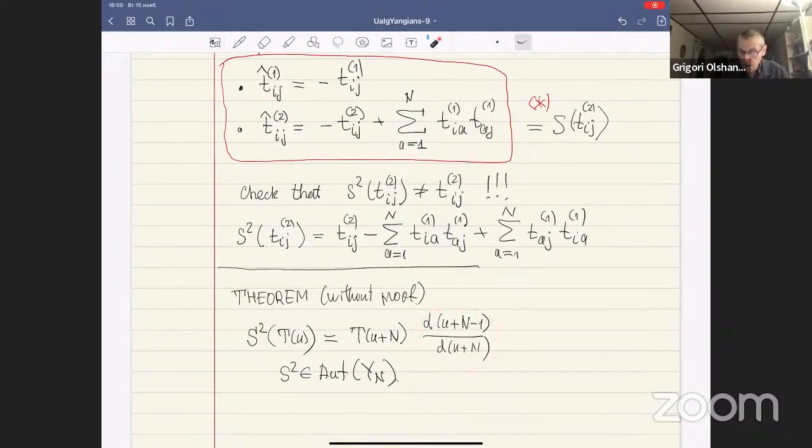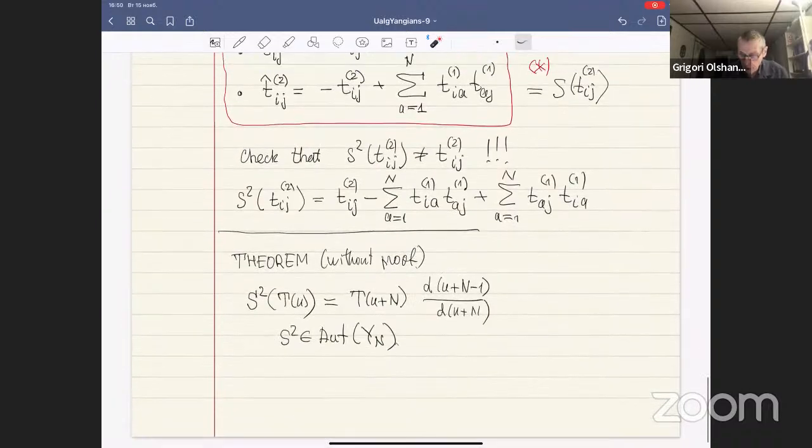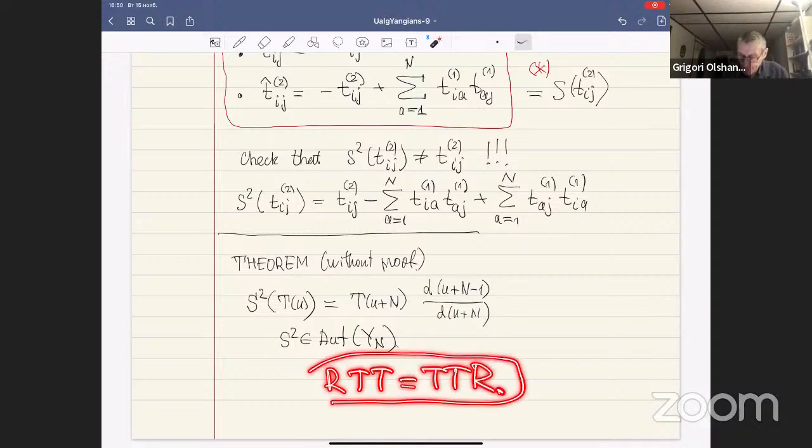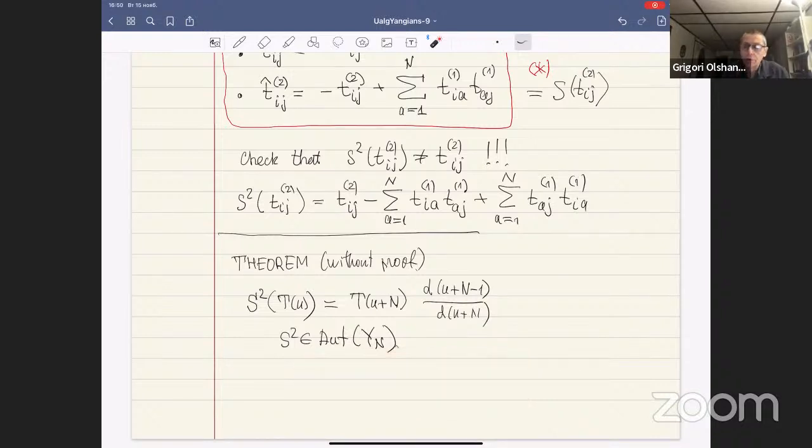The idea is that if you look at the RTT relation, its validity is not affected if we multiply the T matrix by something which is in the center. Because this amounts to multiplying the two sides of our relation by this.